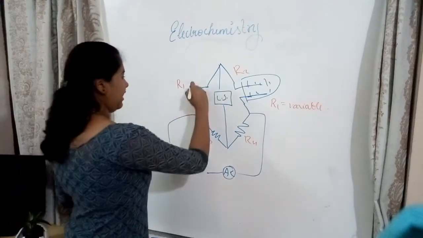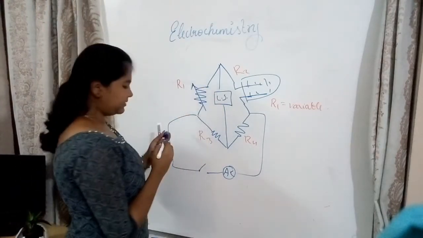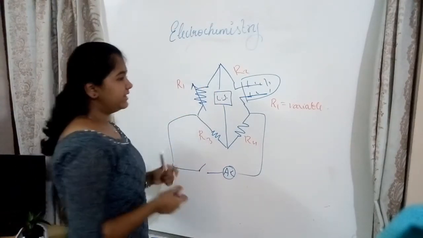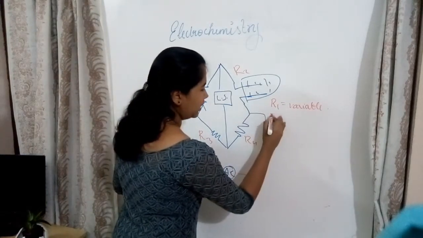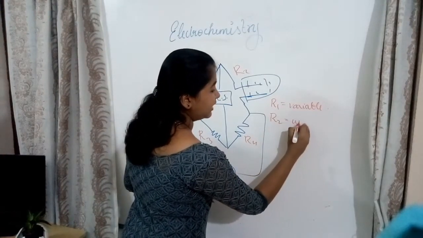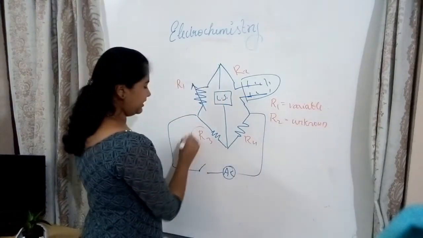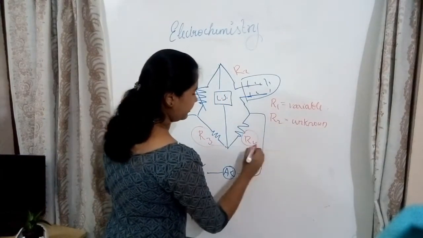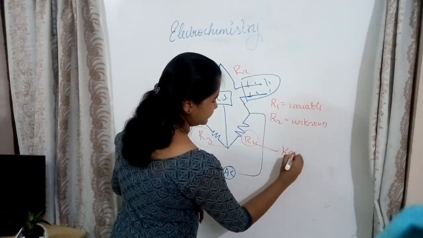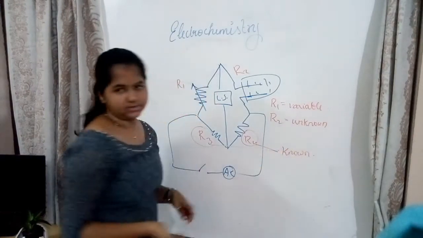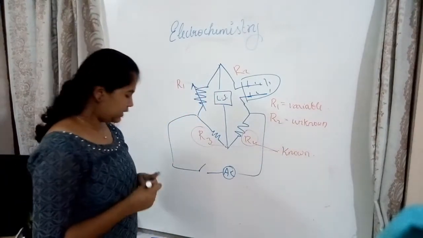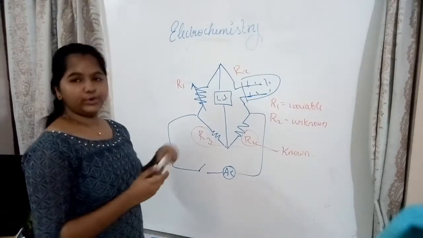Just put an arrow. This is a variable resistance. And then what is R2? R2 is an unknown resistance. And R3 and R4 are known resistors. We know they are fixed resistors.